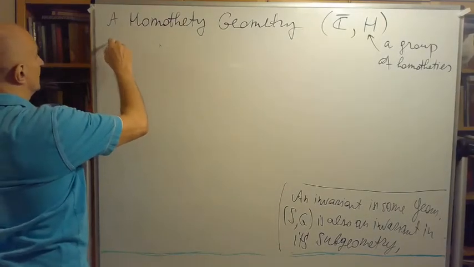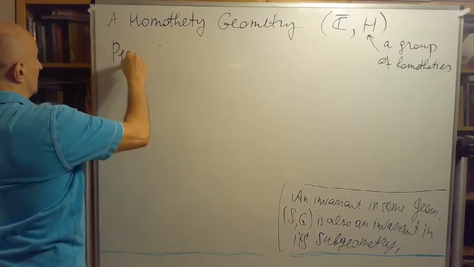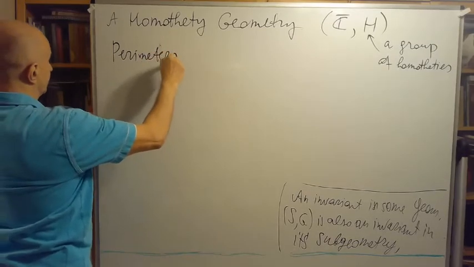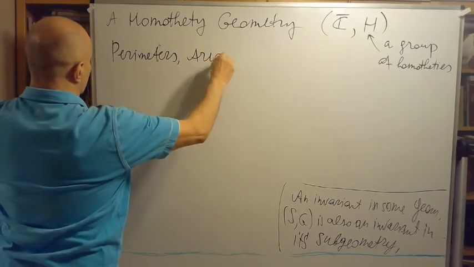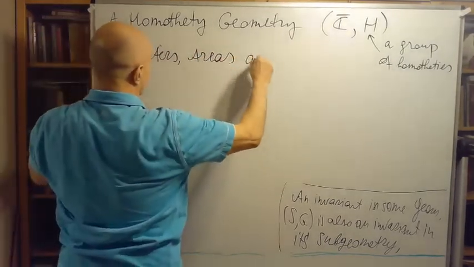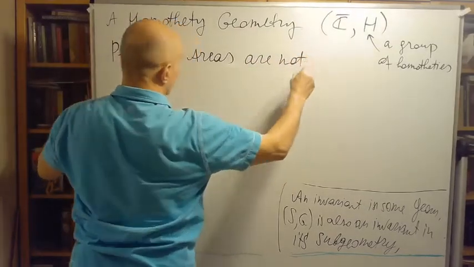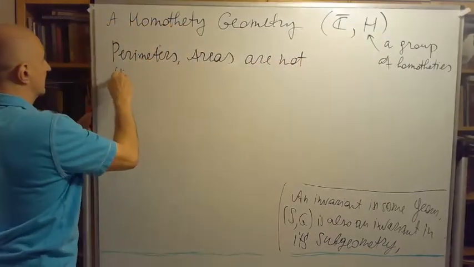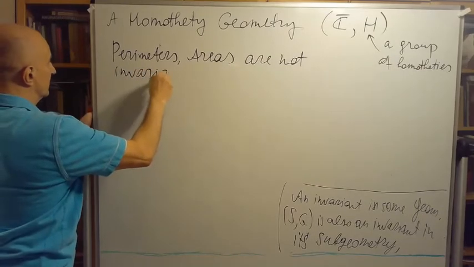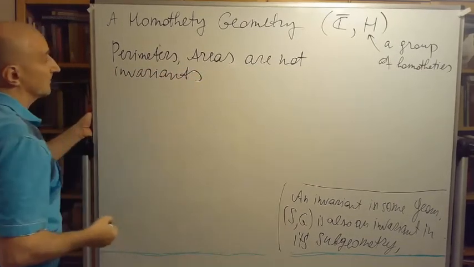Evidently, perimeters and areas are not invariants anymore, right?